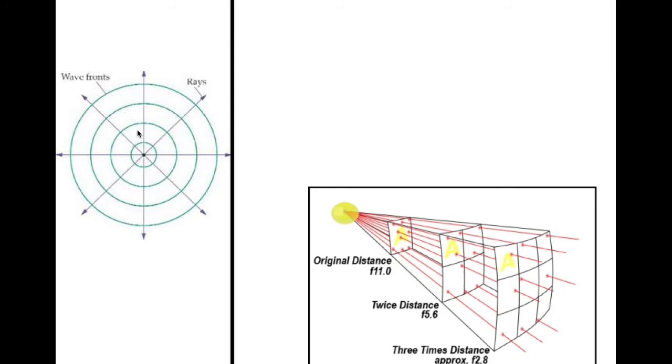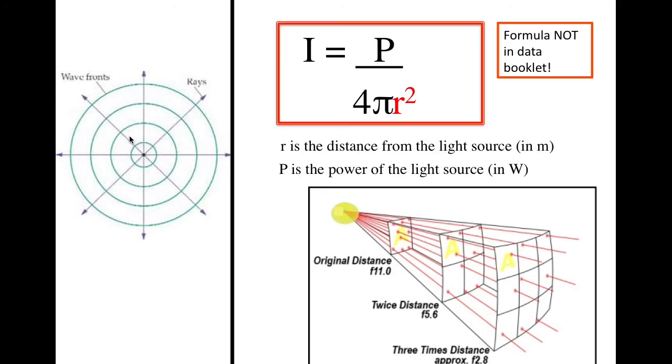So what we have is that intensity is equal to some constant power, which we will say is P, divided by the amount of area for a sphere. And we know that a sphere's area is 4 pi r squared. So pretty much the power and the 4 pi are going to be a constant. The radius, however, will continuously be changing.